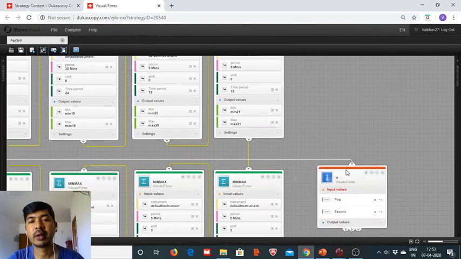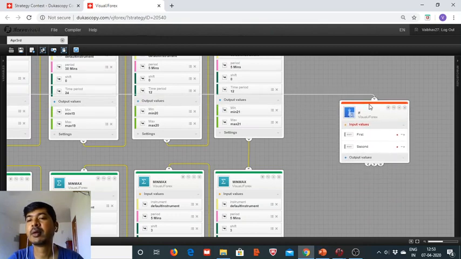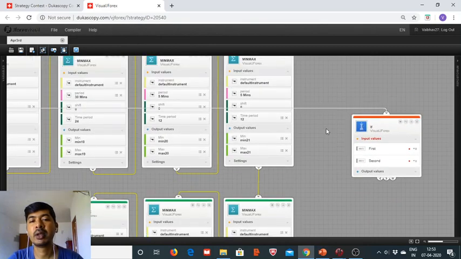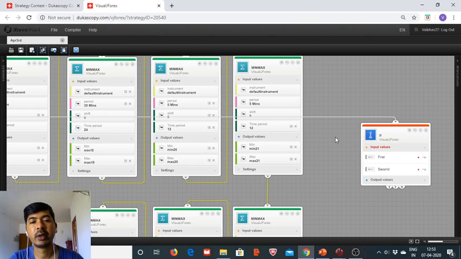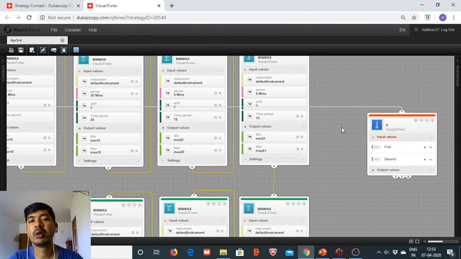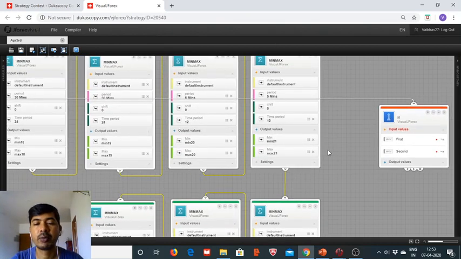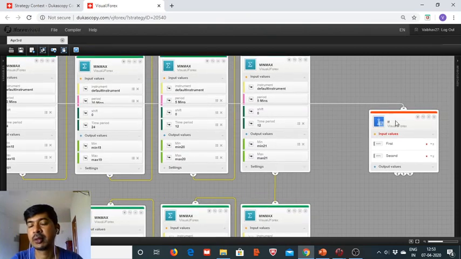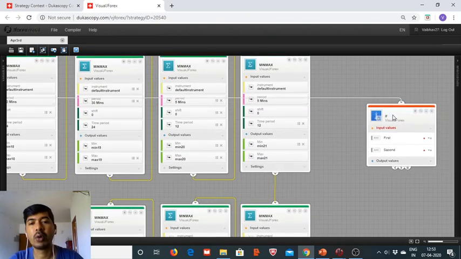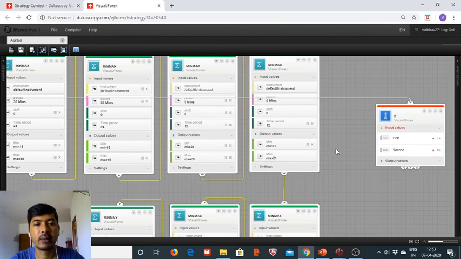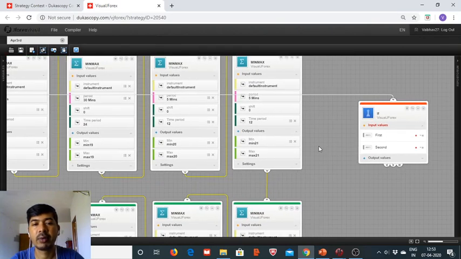And to fulfill that requirement, we will check for the min-max values. So we want the current minimum value to be equal to or greater than, it should not be less than, the minimum value of the last 12 hours.